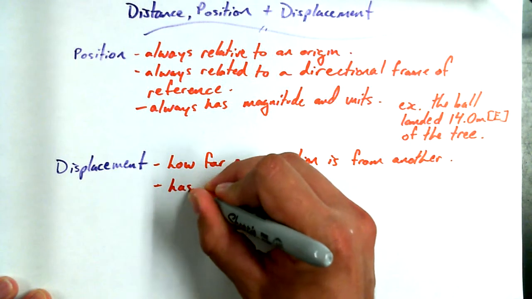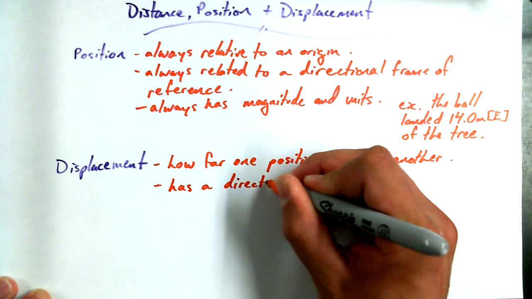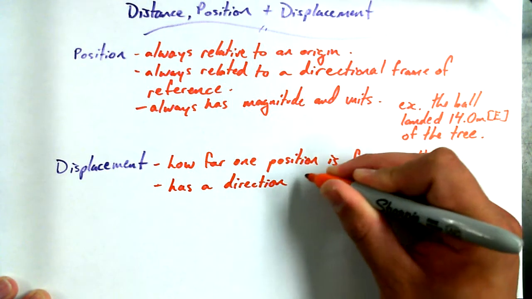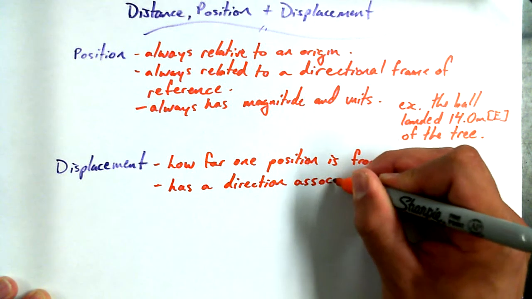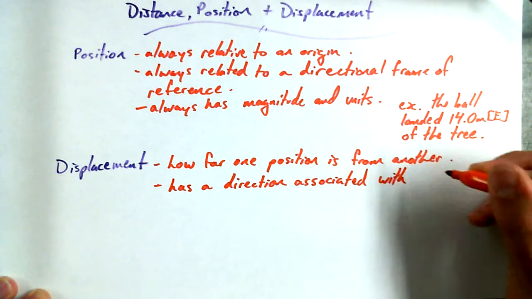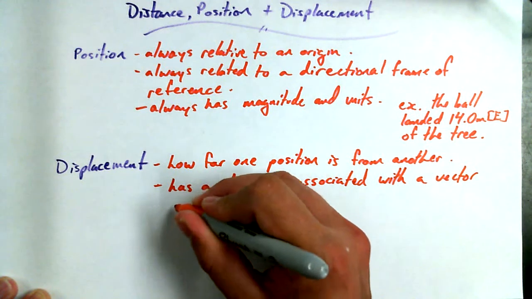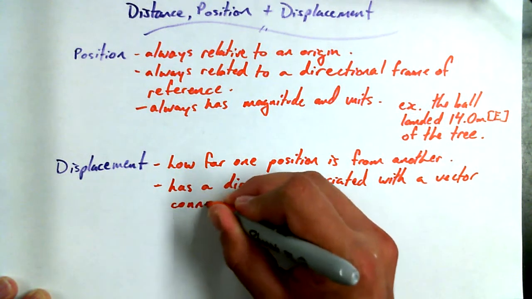So it has a direction, associated with a vector connecting the two positions.